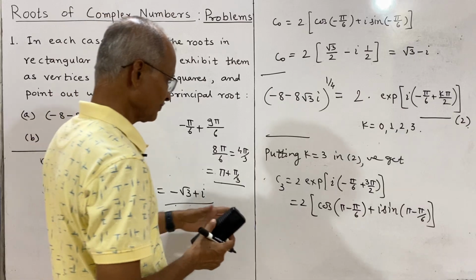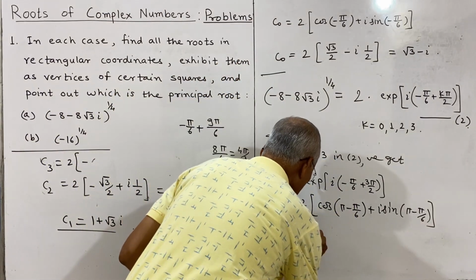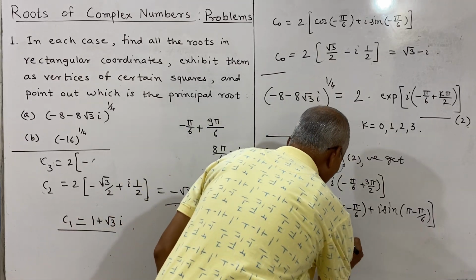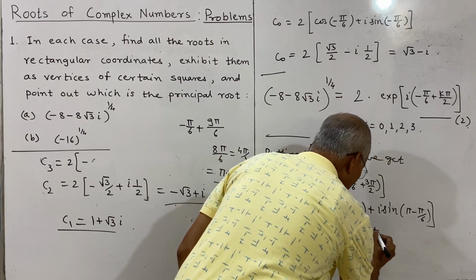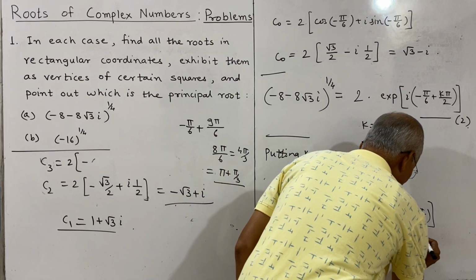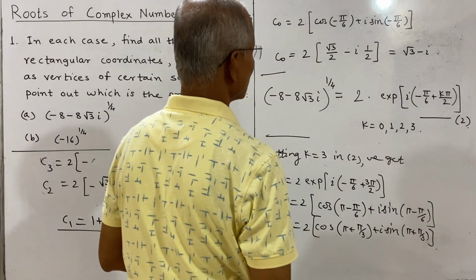Now C3 is this value, pi plus pi by 3. So it is 2 cos pi plus pi by 3 plus I sin pi plus pi by 3. And that I shall write here.